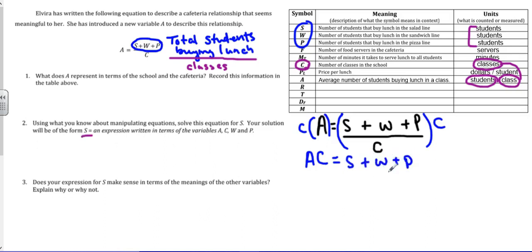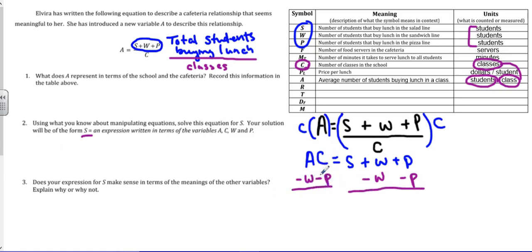My next step then will be to subtract the W and the P. Since they're being added, I want to do the opposite operation. So this is a subtraction property of equality. You could do this one step at a time, subtract the W and then go back and subtract the P, but I'm just going to do it all at one time.